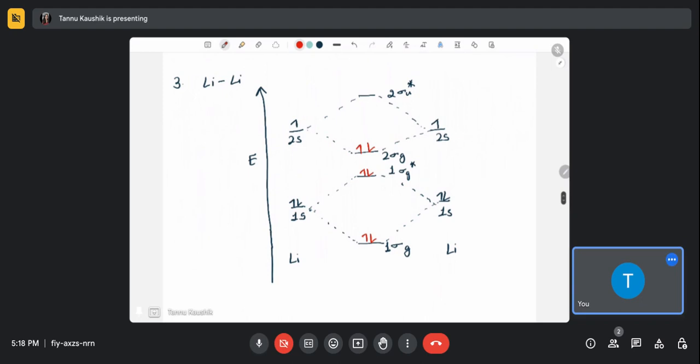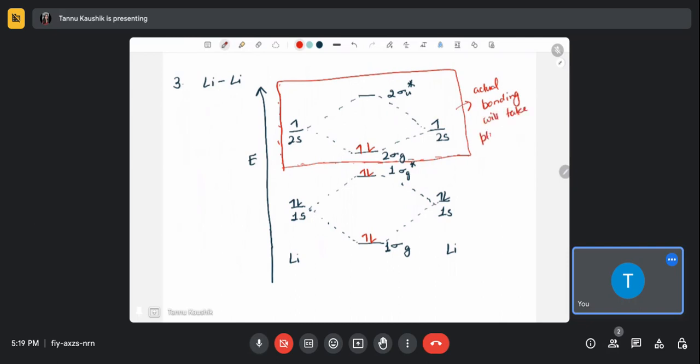so this shows that actual bonding will take place in the valence shells. Take place here in the valence shell.